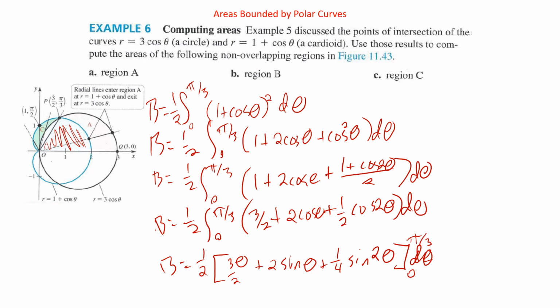Plug in pi over 3. So we'll have pi over 3 times 3 will be pi divided by 2.